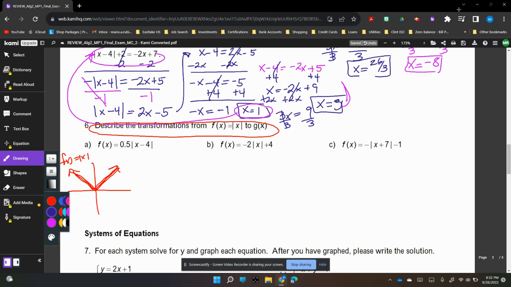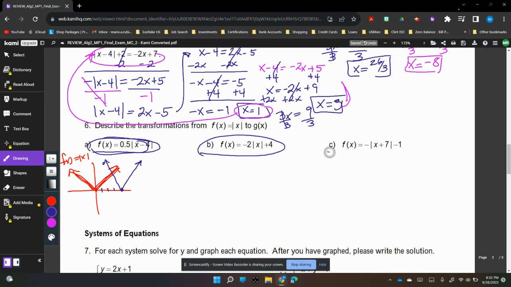And then I would start graphing these one by one, and you're going to see that what this one's going to do is shift over 1, 2, 3, 4 spaces to the right, and it's going to get a little bit skinnier. What it's asking you is to compare the graph of this to the graph of this, and then see how it moved. Okay, so you can see it shifted over 4 spaces, and it got a little bit skinnier.